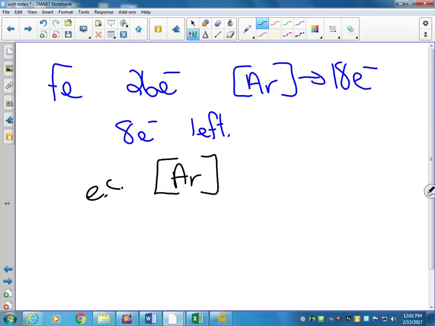So then the fourth row is 4s2. So now I only have 6 electrons left. What's after 4s? 3d. So we write 3d6, because we can have up to 10 there, right? Because d's can hold 10 electrons. So then we're done. That's it.